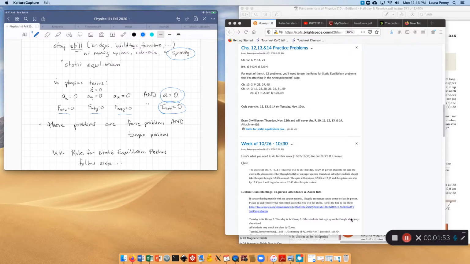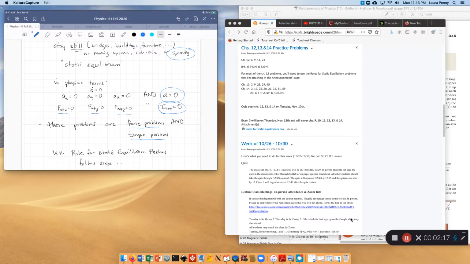So when you go through and actually do a problem, of course, because it's physics, we're going to do problems with this. They're going to be math problems, and they're going to be both force problems, where we talk about F nets all adding up to zero, and there'll also be torque problems, where the torque nets add up to equal zero. In the lab we did last week we had torques.